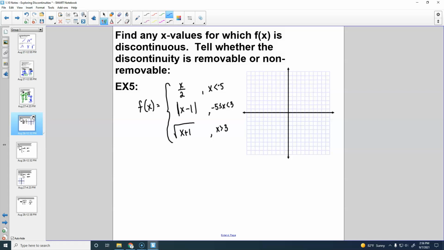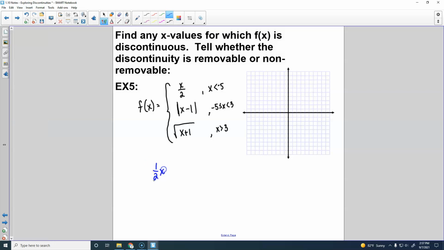Now, this particular piecewise function has no actual real-life application other than just to give you an idea of what they are, right? So if I have x over 2, how do I graph that? It's the same as 1/2 times x, which means I just have a slope of 1/2.